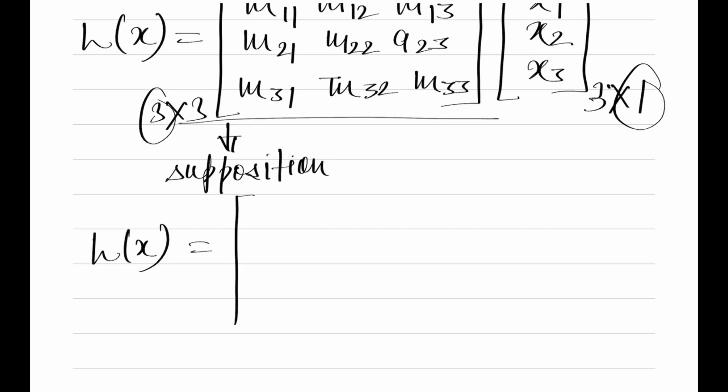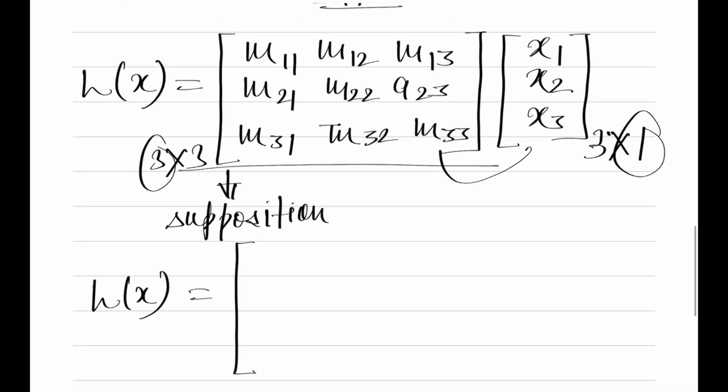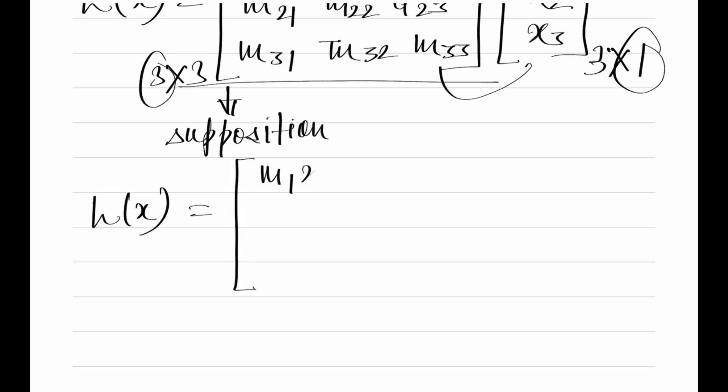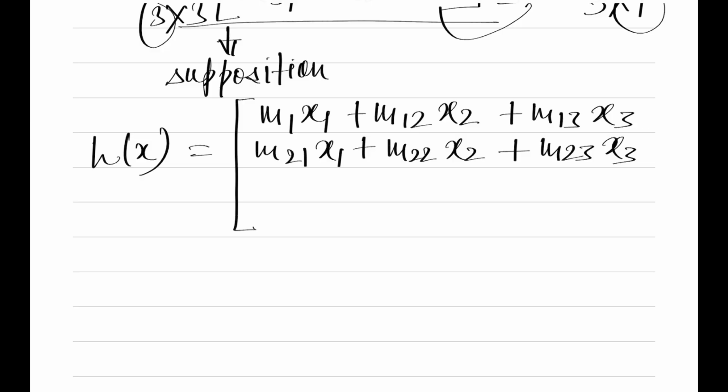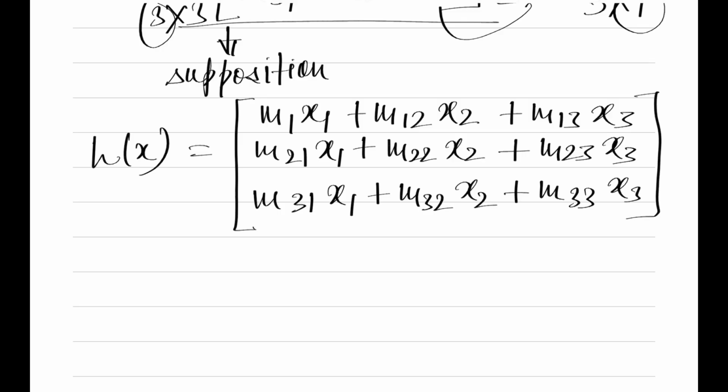Now Lx will be equal to, we multiply these two: m11 x1 plus m12 x2 plus m13 x3, then m21 x1 plus m22 x2 plus m23 x3, and finally our last row will be m31 x1 plus m32 x2 plus m33 x3. This will be our 3 cross 1 vector.